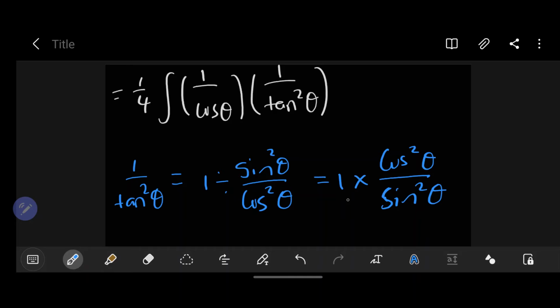Therefore I can write 1 over tan squared theta as cos squared theta over sine squared theta.